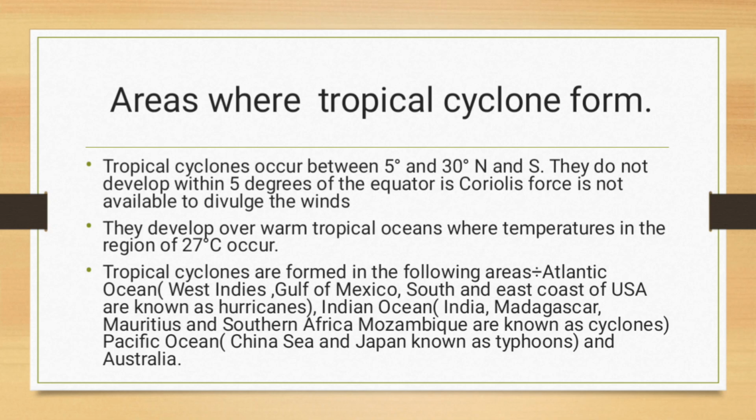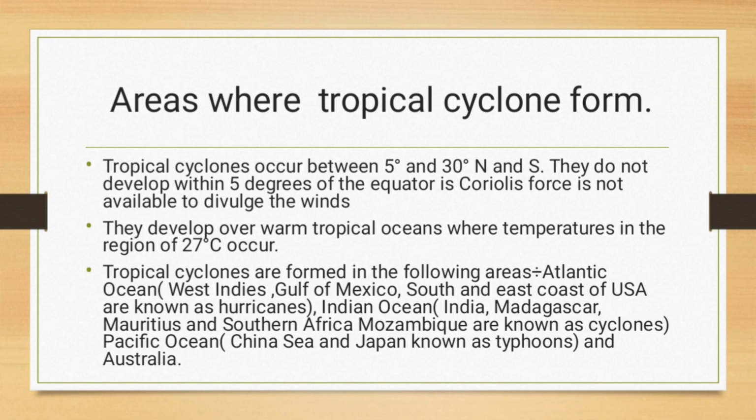For a cyclone to occur, it is enhanced by the Coriolis force because the Coriolis force diverges the winds. They develop over warm tropical oceans where temperatures in the region of 27 degrees Celsius occur. As I said, they occur later in summer, when the sea levels are warm.